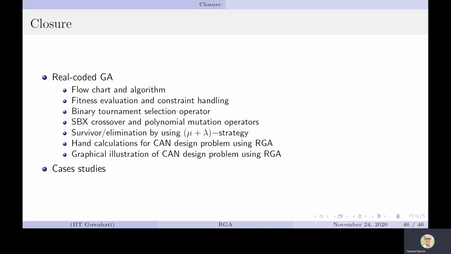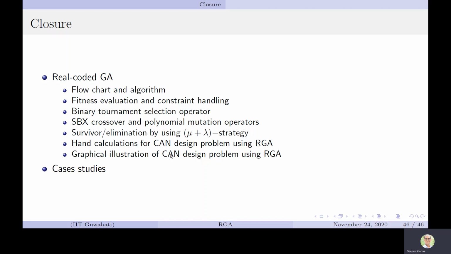And we understand that when we are making the real coded GA, we only have to think about the crossover and mutation operators. Why? Because those have to work on real numbers. The rest of the operators such as binary tournament selection and survival of the fittest all need the fitness value only. Then we performed this hand calculation for the CAN design problem.